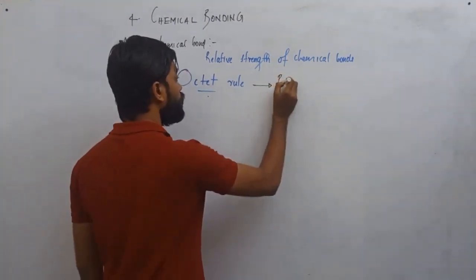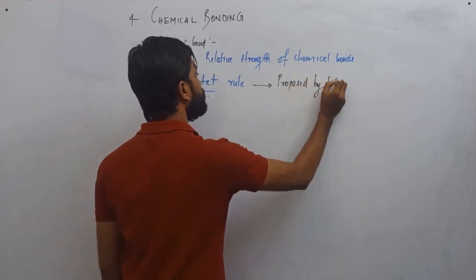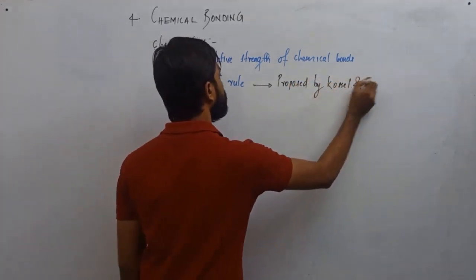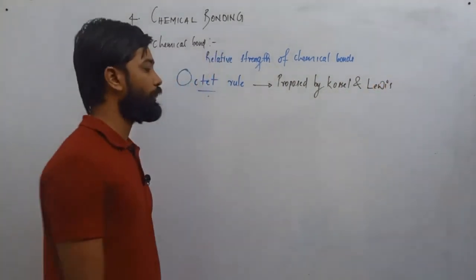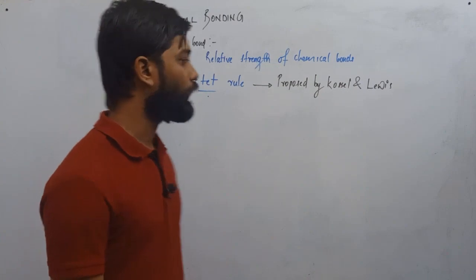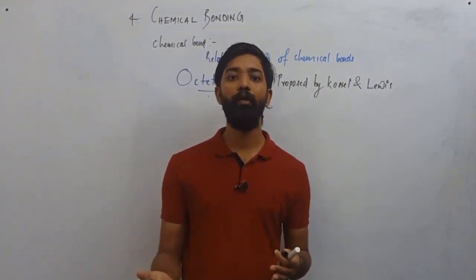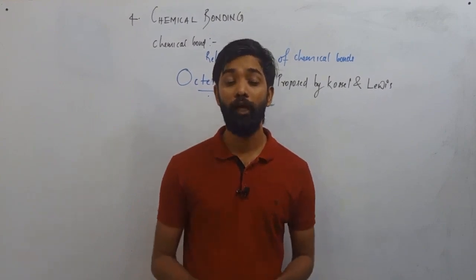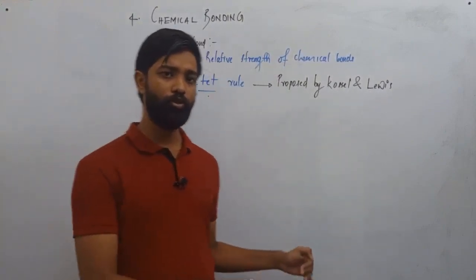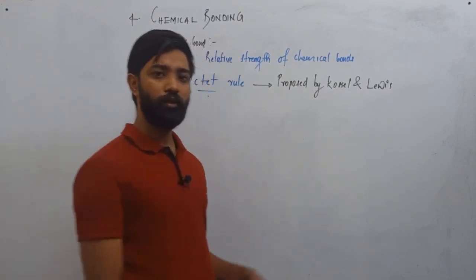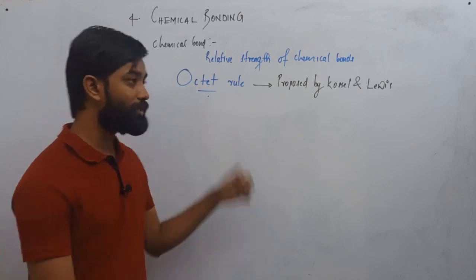So the octet rule was proposed by Kossel and Lewis. And what is the octet rule? It is nothing but atoms usually combining to fill 8 electrons in their outer shell, which means an octet in their outer shell. The very same concept already discussed in the previous section is defined as the octet rule. The term octet means 8 electrons, fine.